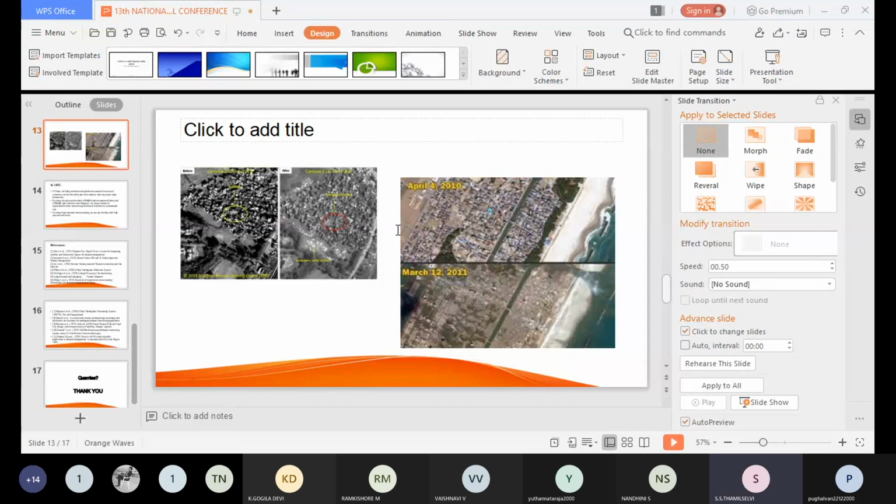How many images have you collected from there? Ma'am, we have collected the drought places, floods, and earthquake. So only 3 images you have taken as sample. Yes, ma'am.